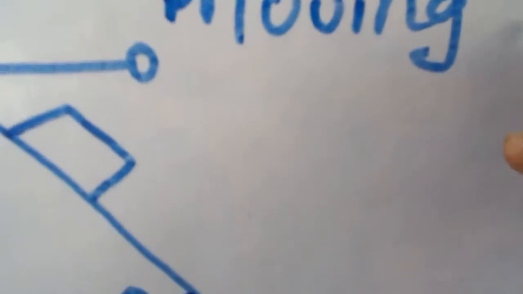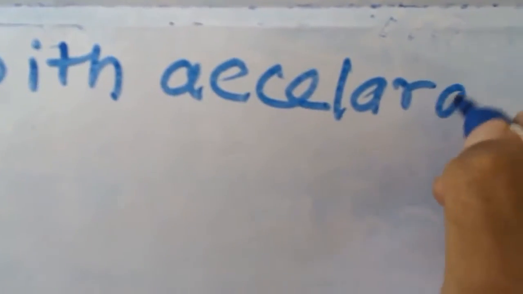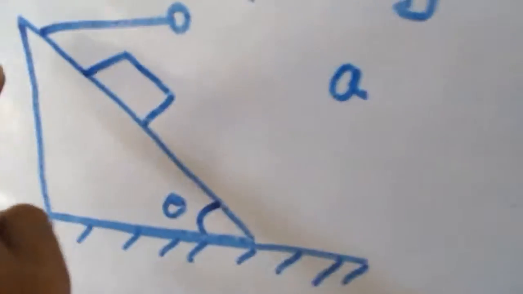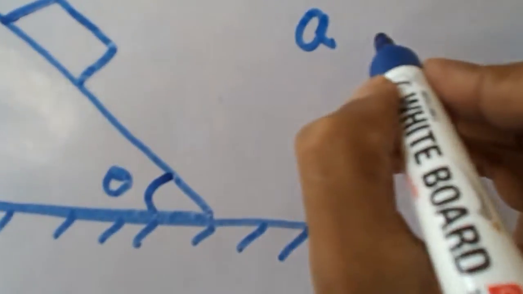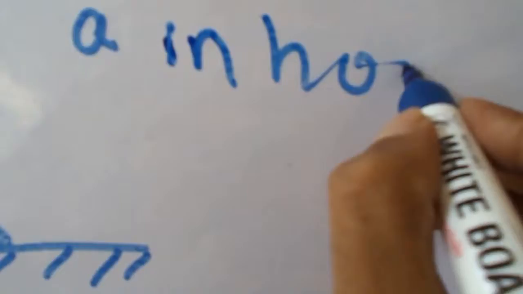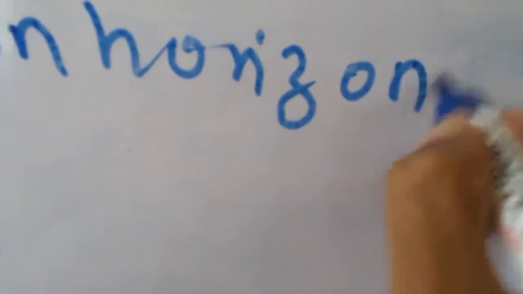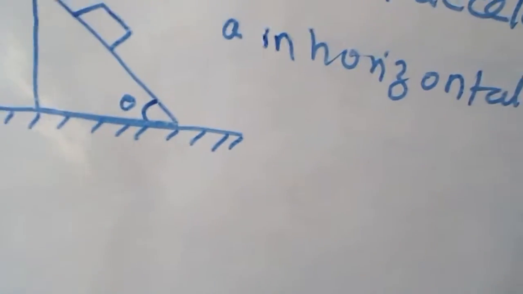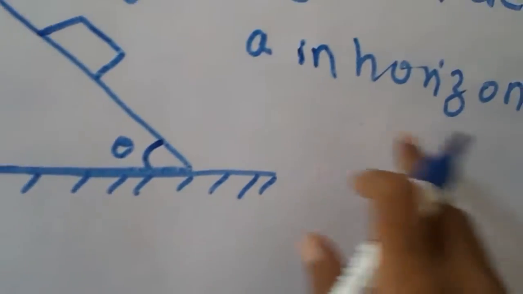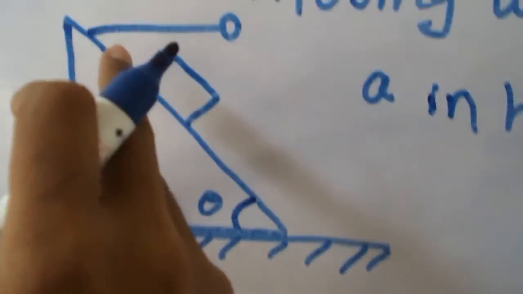This wedge is moving with acceleration a in the horizontal direction, and the block is also moving in the horizontal direction with acceleration a.